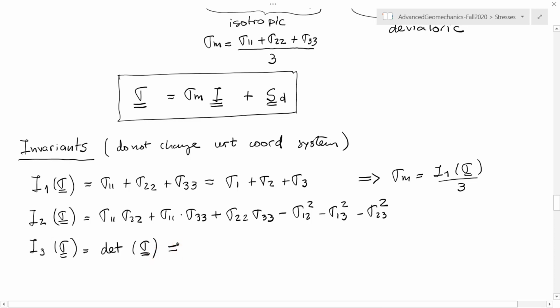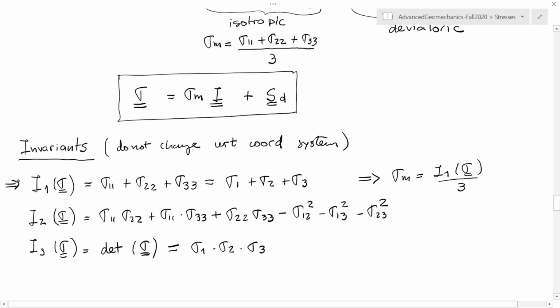And if you use the principal stress tensor in order to calculate the third invariant, this is just going to be the product of the principal stresses because the off-diagonal terms are going to be equal to 0. But from here, the most used invariant that we're going to use is the first invariant.